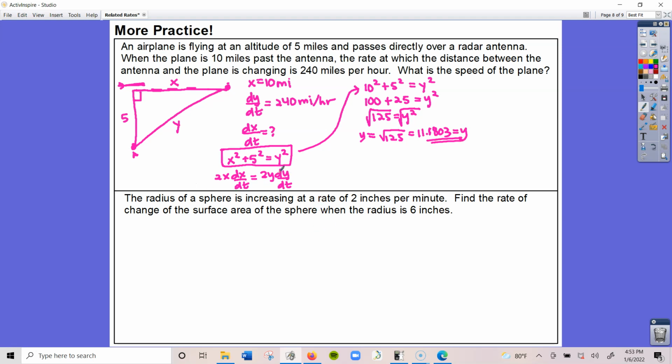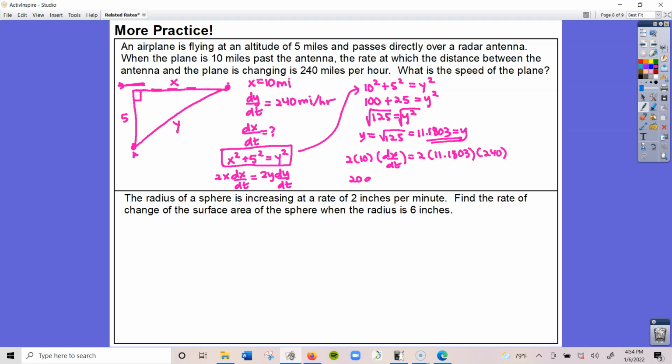Now let's plug everything in. So 2 times x, which is 10, times dx dt, which is what I'm looking for, is going to equal to 2 times y, which is 11.1803, times dy dt, which is 240.